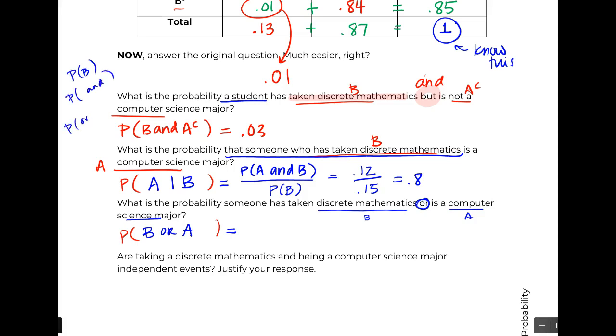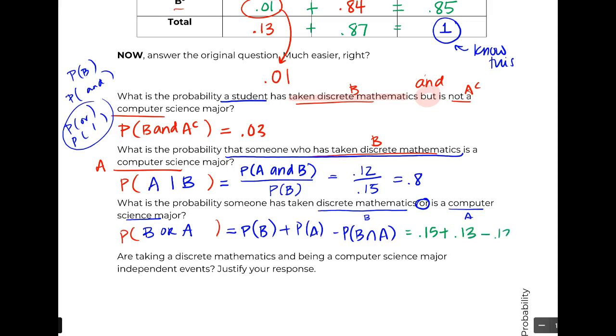If you're looking for an "or" or a "given", this is when you have to use the formulas. So in this case, the formula for or, remember, add them together, subtract off the intersection we counted twice. So in this case, we're looking at 15% of people having discrete math, 13% being computer science, and then subtracting off the 12% that had both.